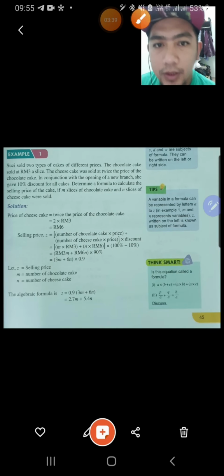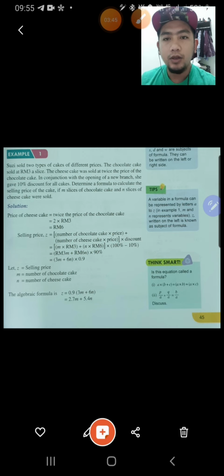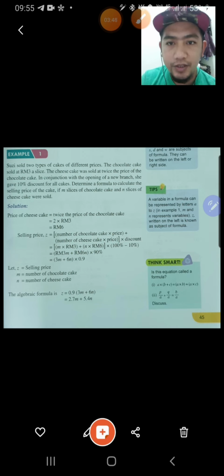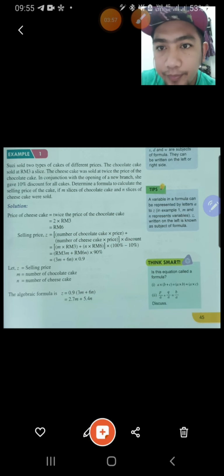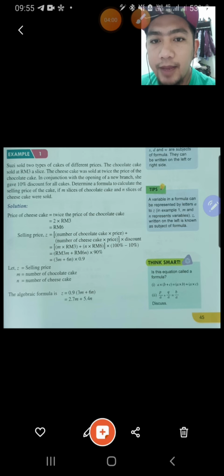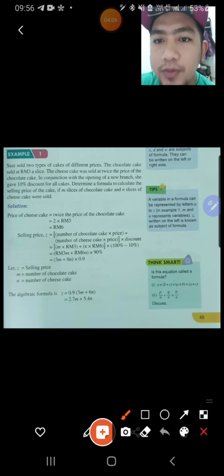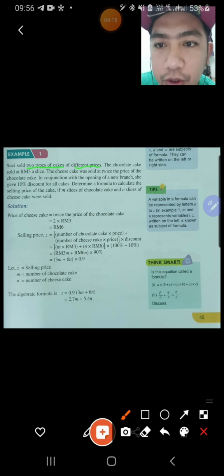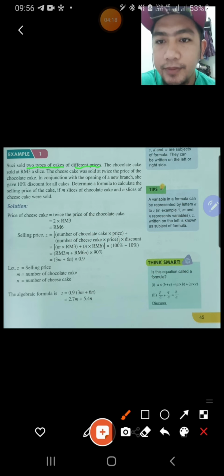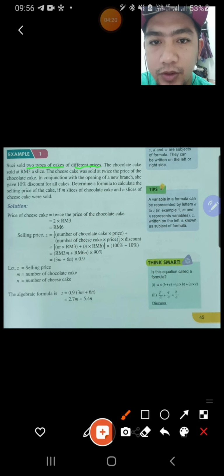Example 1 gives you a situation. So you need to read the situation, the question, and then you need to take out the information. Susie sold 2 types of cakes of different price. The chocolate cake sold RM3 a slice.